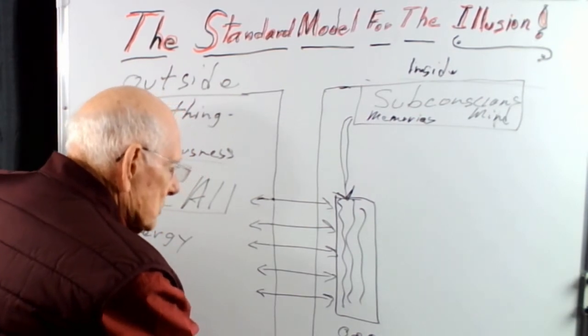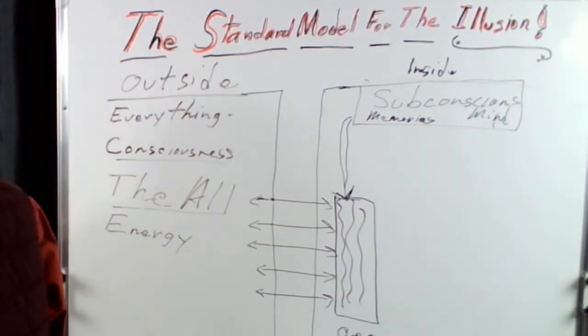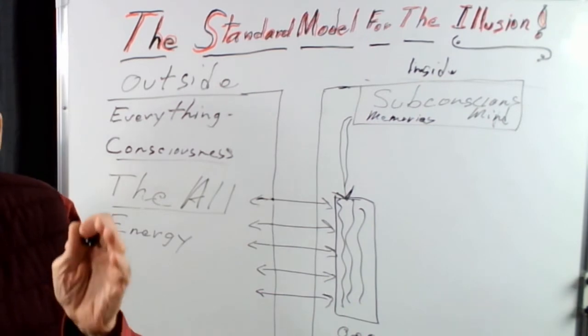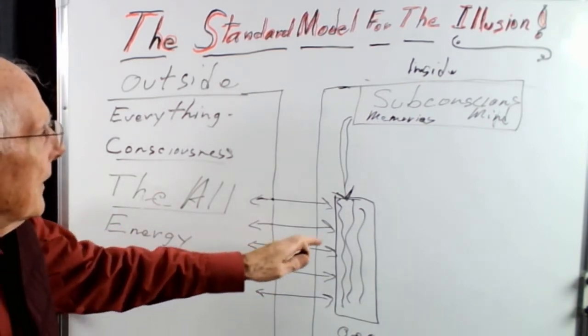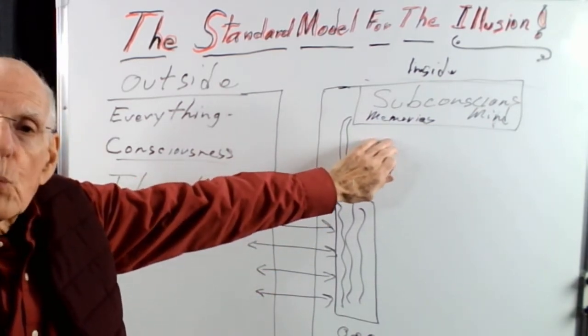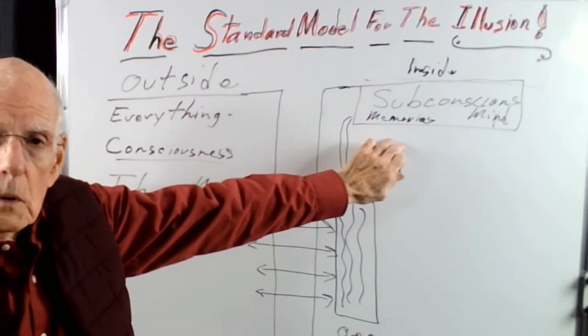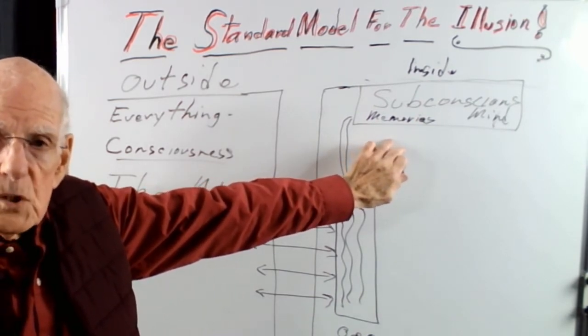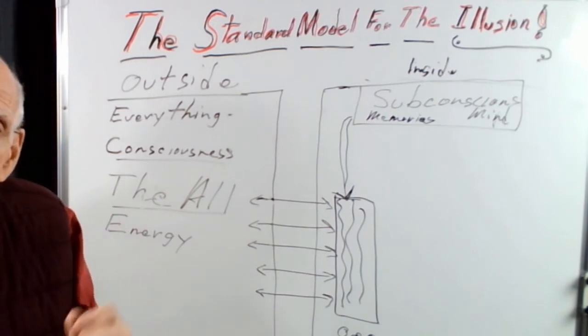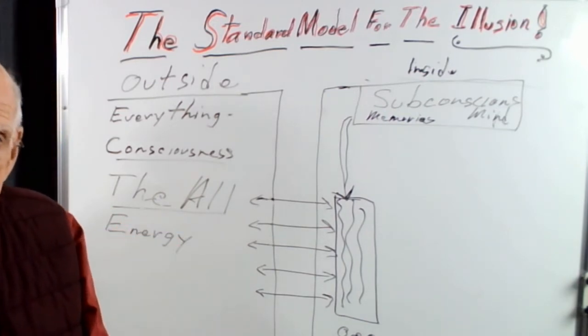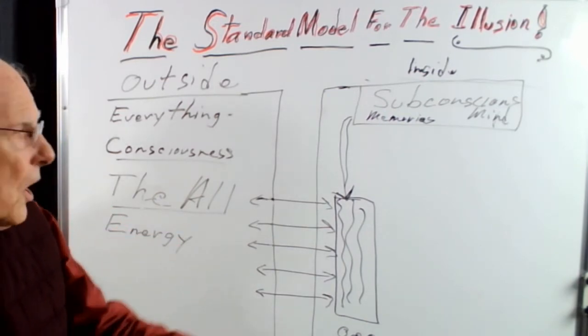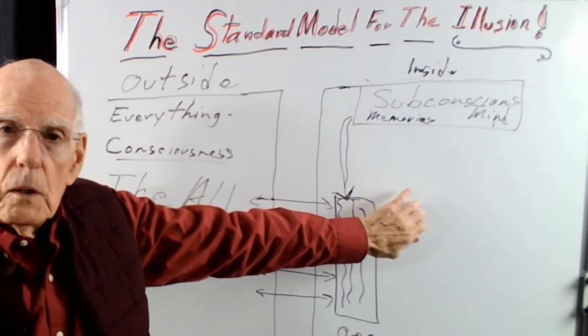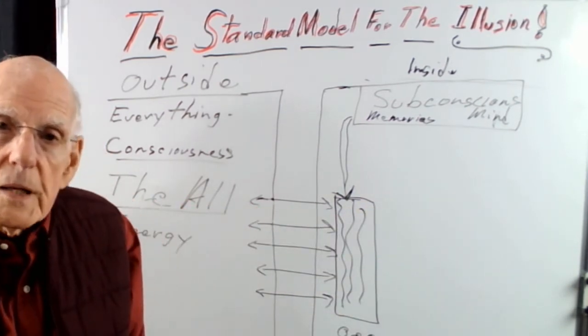Some information is dropped out because it doesn't have any reference to what we know from our past experiences. And therefore it is meaningless to us here on what we're calling the inside.